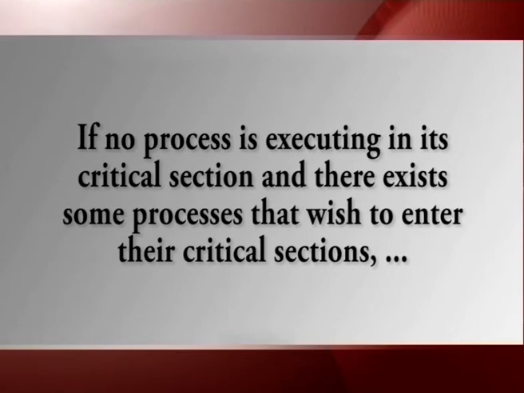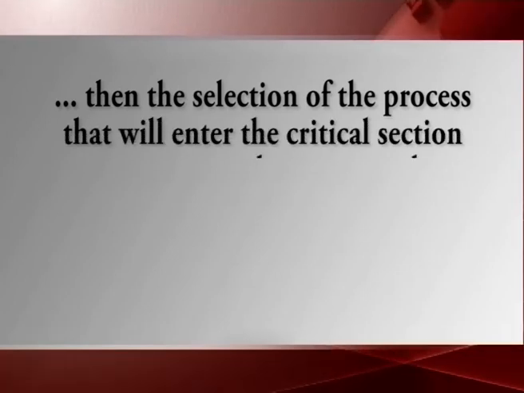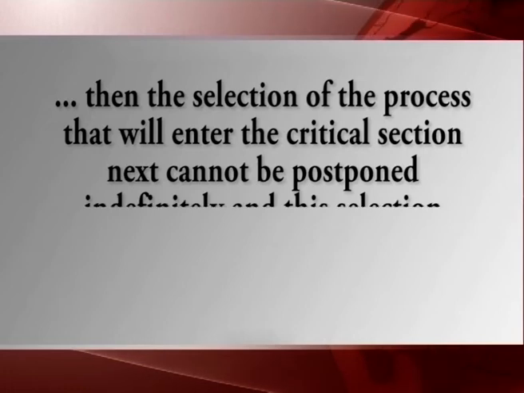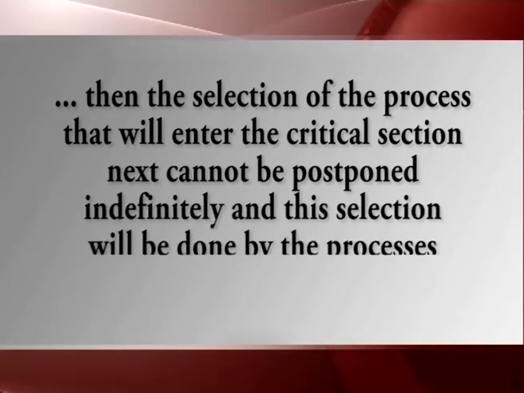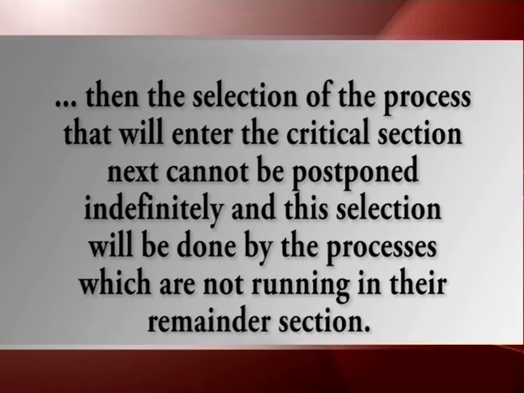If no process is executing in its critical section and there exist some processes that wish to enter their critical section, then the selection of the process that will enter the critical section next cannot be postponed indefinitely, and this selection will be done by the processes which are not running in their remainder section.